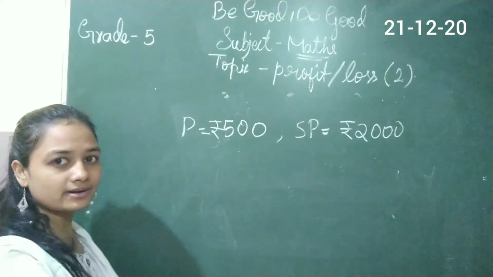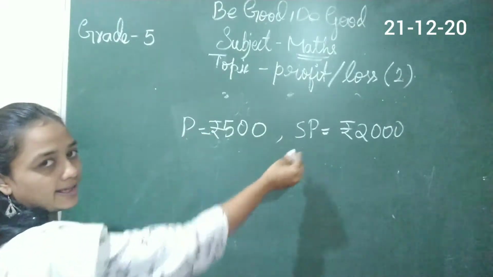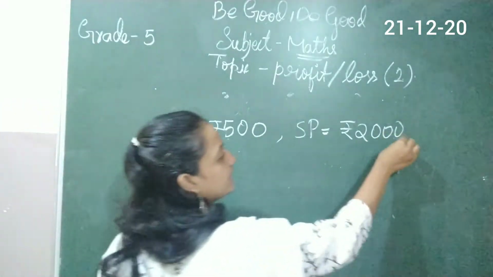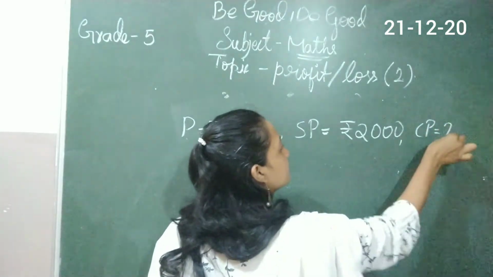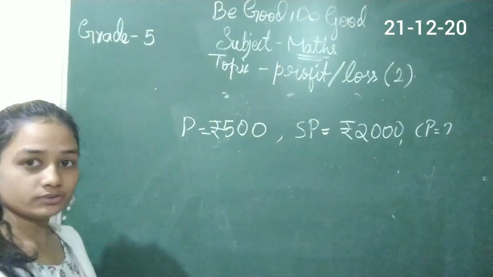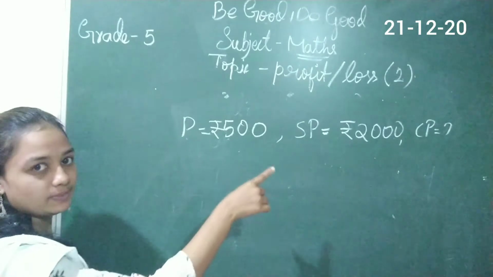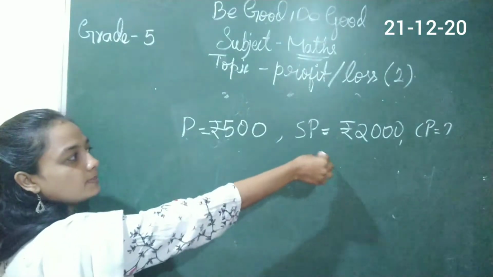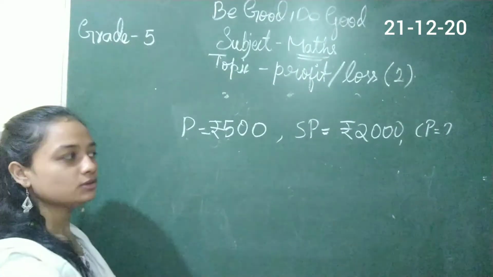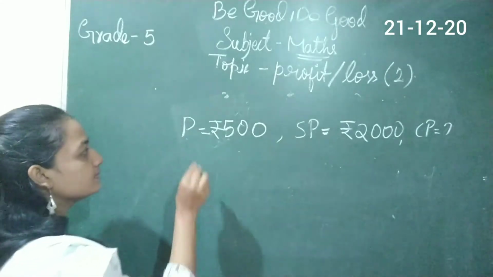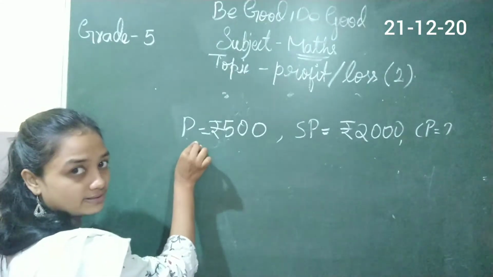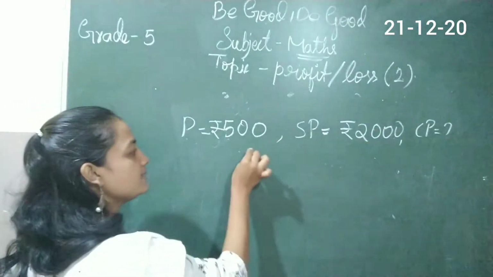So what is missing here? Profit is there, SP is there. What should I find? I will find CP. So in today's class you will be finding CP like this, or sometimes I may give CP and I will ask you to find SP.